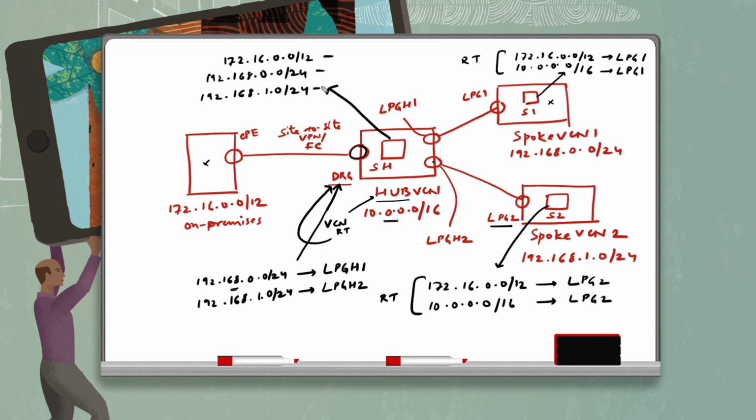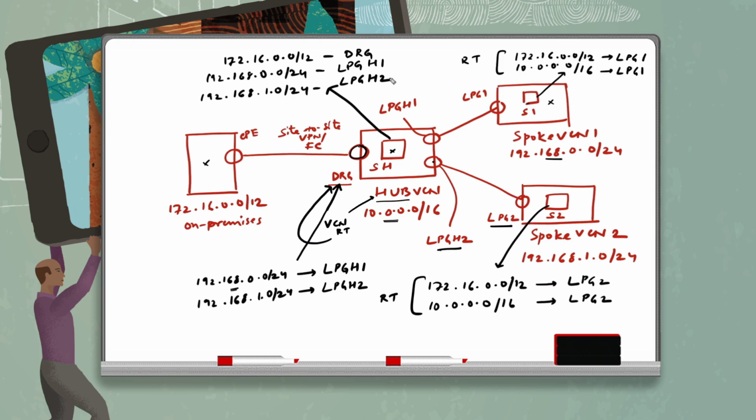So here you see that from inside this, if you want to go to 172.16.0.0/12, the next hop is going to be the dynamic routing gateway. If the destination is this one, then the next hop is going to be LPG H1. And for 192.168.1.0/24, that means spoke VCN 2, the next hop is going to be LPG H2. So this is also sorted.